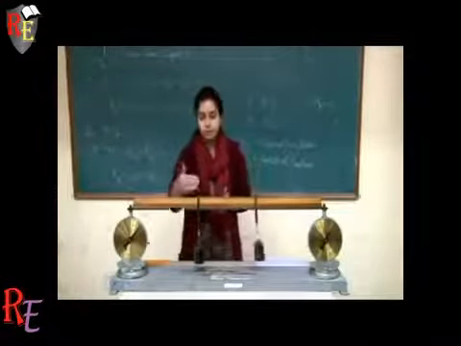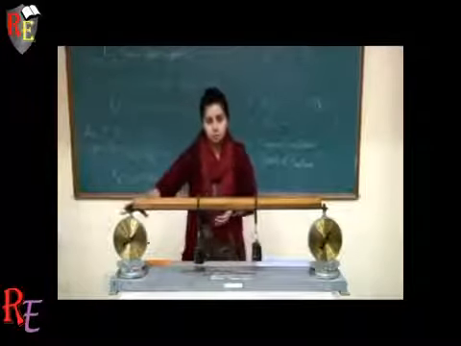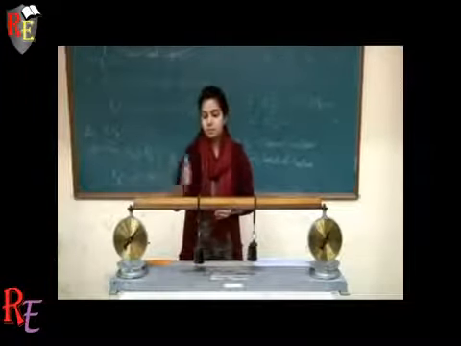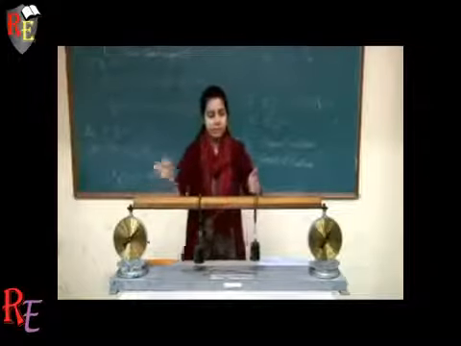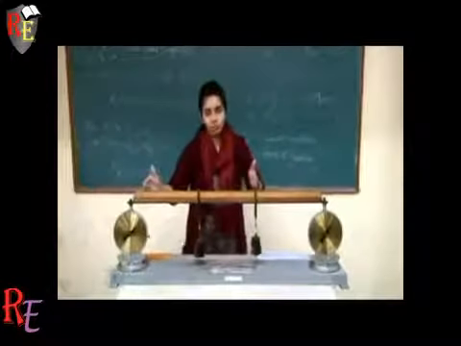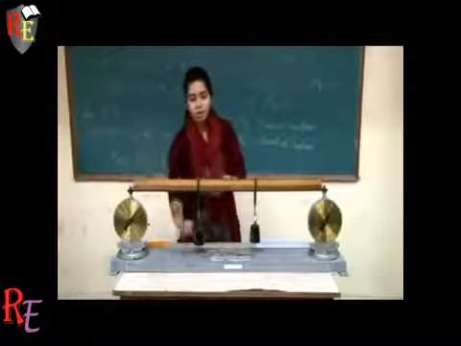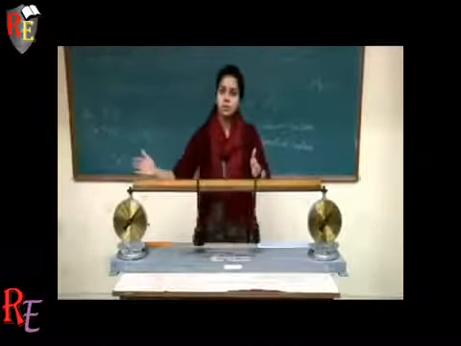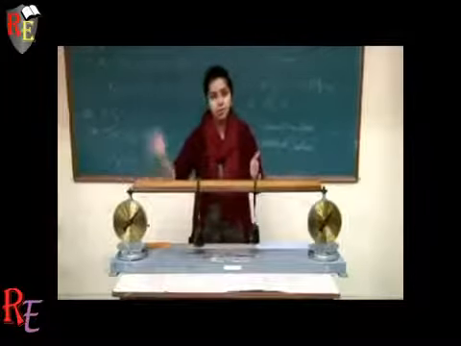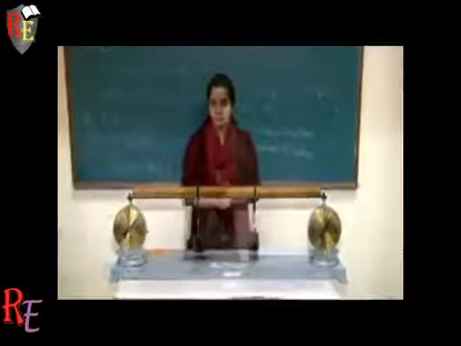Keeping that in mind, since this is your reaction point A, this becomes your length L1 and this becomes your length L2, which means that L1 is the length from support reaction A for weight 1 and L2 is the length from support reaction A for weight 2.